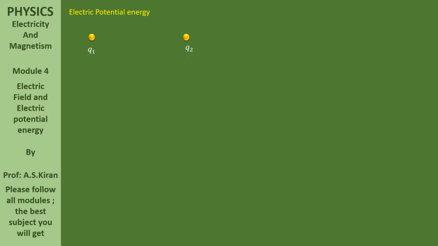What is electric potential energy? Now the thing is, yes, imagine two charges kept at some distance. They may repel or they may attract, depending on their nature. We are not bothered about whether they attract or repel, but they are associated.